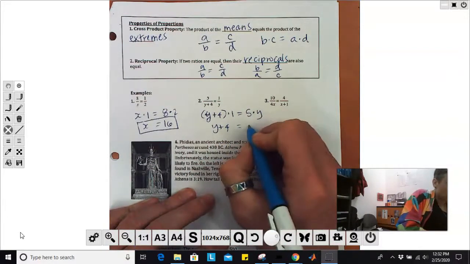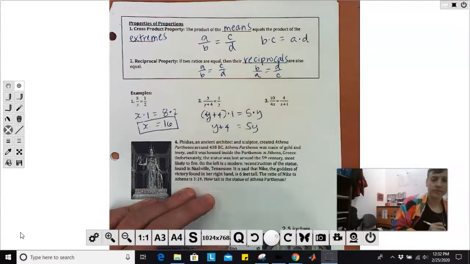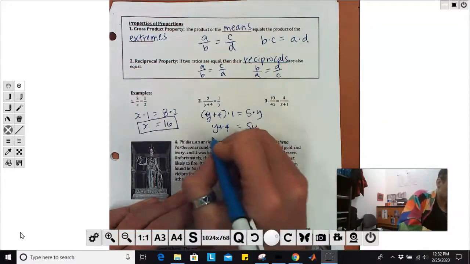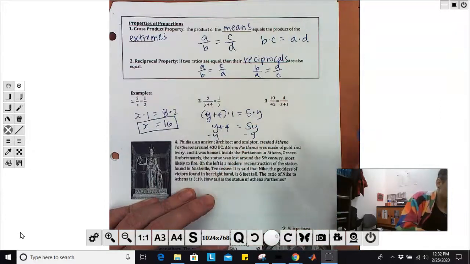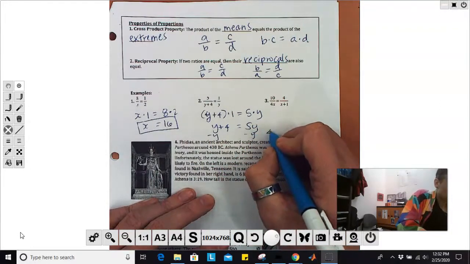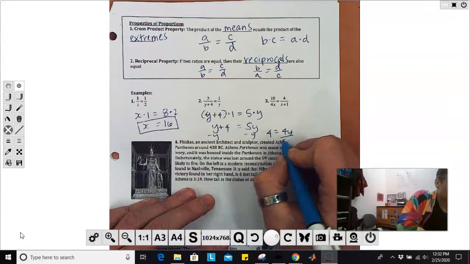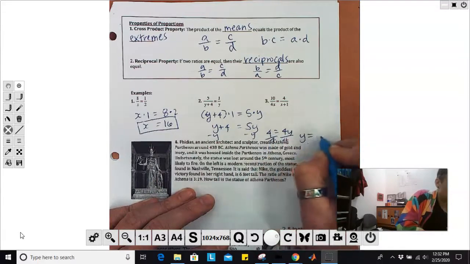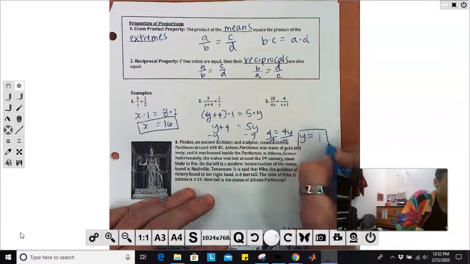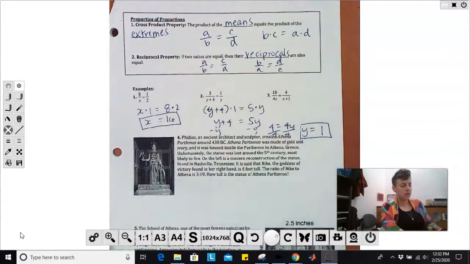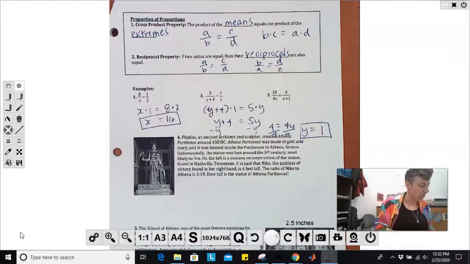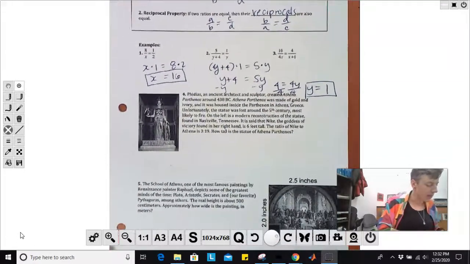And 5 times y is 5y. So let's subtract y on both sides. And we'll get 4 equals 4y. Divide by 4, and we get y equals 1. You can do number 3, exact same way.